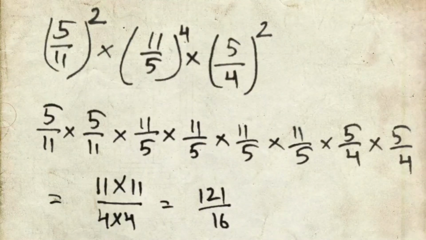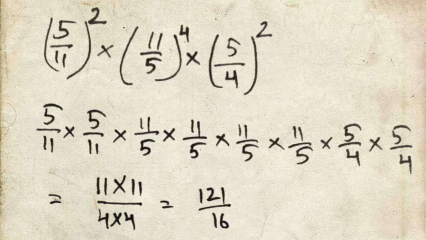So the next problem is (5 by 11) raised to 2 multiplied by (11 by 5) raised to power 4 multiplied by (5 over 4) raised to power 2. Students, in that you have to go for simplification, meaning you have to remove the exponents, the powers.